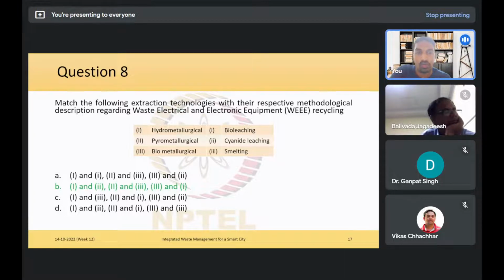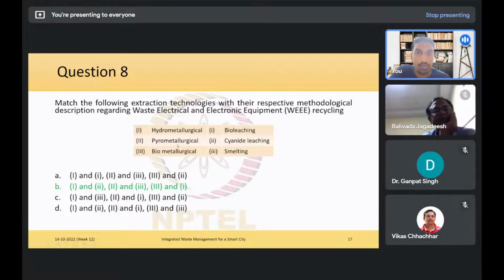Once we have made it soluble and it is leached out, we could use other processes such as adsorption to then separate out the metal from that aqueous solution. So that is the hydrometallurgical process. One example of that is the cyanide leaching. So this is a very good process. For example, gold or silver, those metals are leached out using the cyanide leaching process.